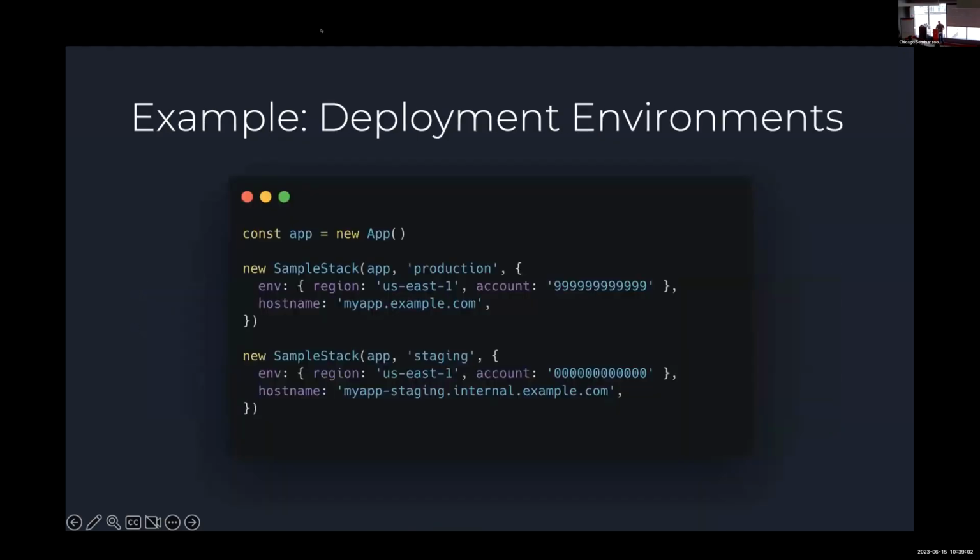So I mentioned the deployments example. Here is a streamlined and simplified example of that. In this case, everything's going to the same region, 2 different accounts. We have different host names that we need to use with this sample application, and we can customize those for each of the different deployment environments we have.